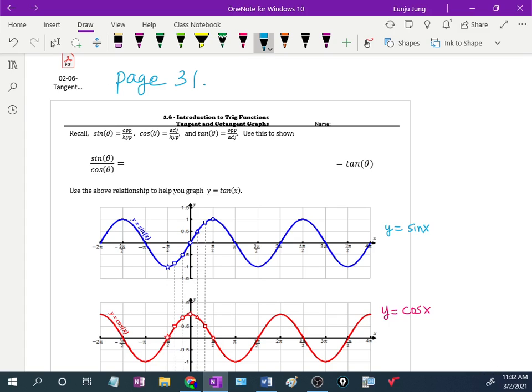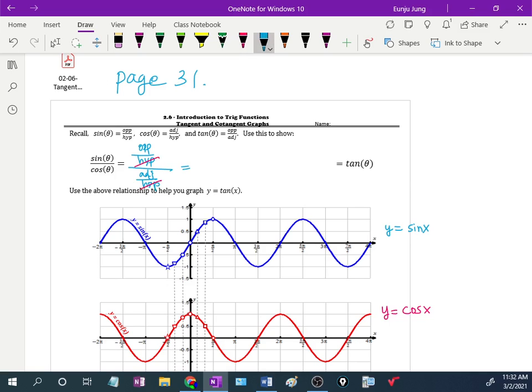However, tangent is different. So we are trying to see the ratio first. Sine is the ratio opposite over hypotenuse. Cosine is the ratio adjacent over hypotenuse. We see the same denominators, so we can cancel that out.